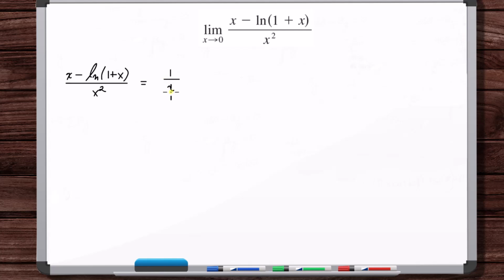So that's 1 over x minus 1 over x squared, then times the infinite series natural log of 1 plus x, which is actually going to start at 1.